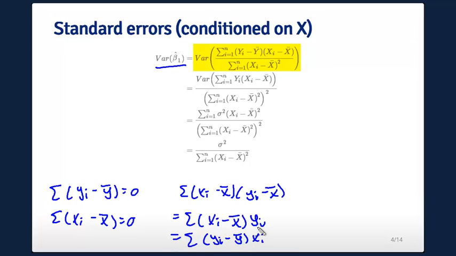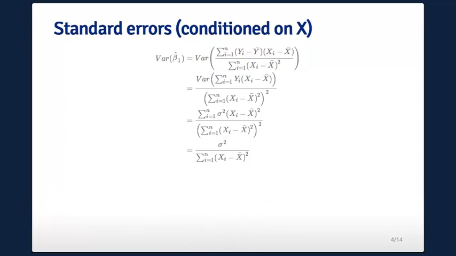Either of those works. You can work out the arithmetic. So we can get rid of one of the bars, x bar or y bar, and we come down to the next line.